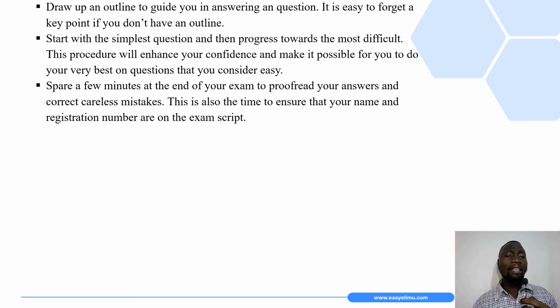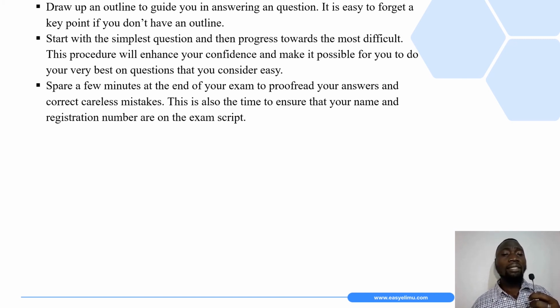Another thing I did not mention under drawing up an outline is that it is easy to forget a key point if you do not have an outline. That is the main reason why you should draw up an outline to guide you in answering a question.